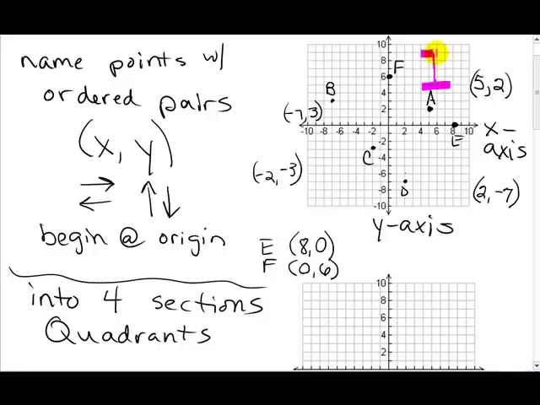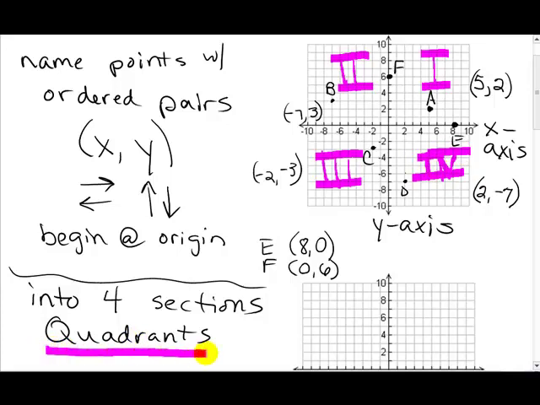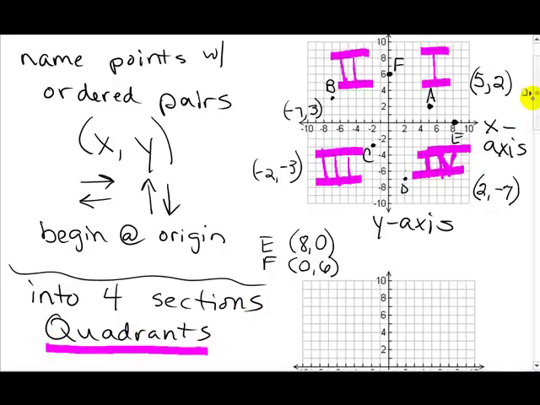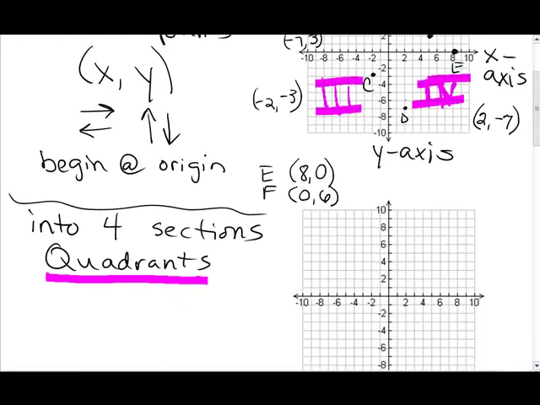So this is 1, 2, 3, and 4 with the little b. And so you may identify the quadrant that it's in, and you notice it's going counterclockwise, and using Roman numerals for that.